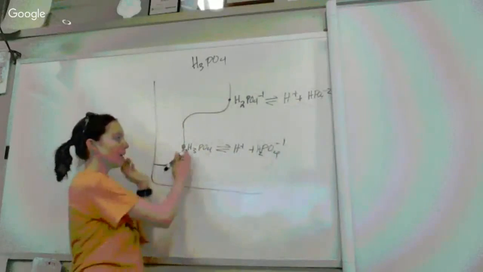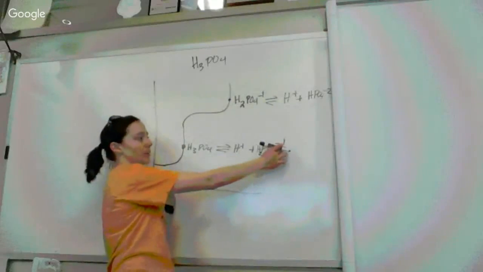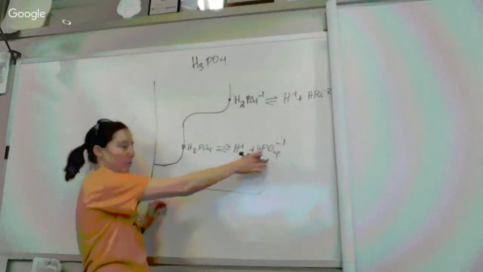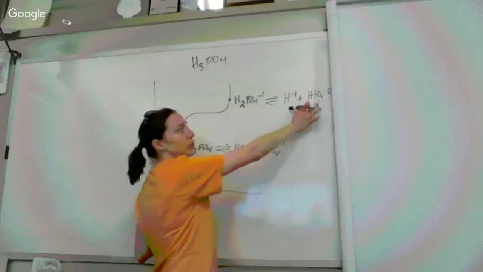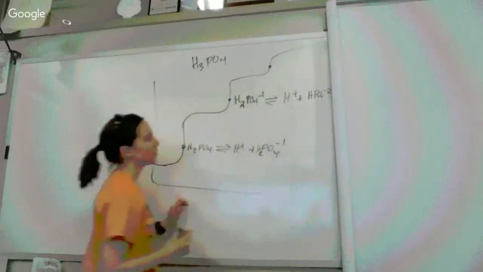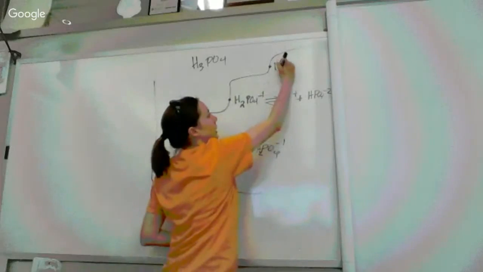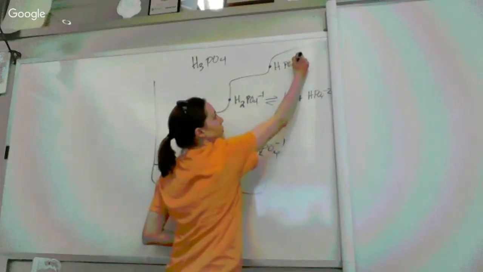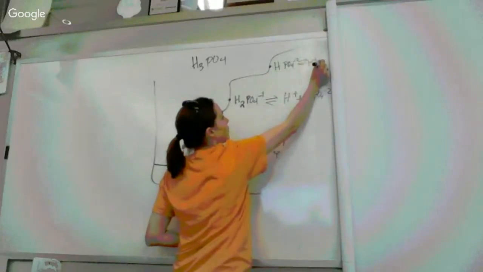Okay. H3PO4 separates the H plus, makes H2PO4 -1. Obviously, it should have been a -1 and not a -2. And then now this dissociates and turns into hydrogen and HPO4. And then it's going to do it one more time. So just pretend like this was a real one. And so here now my last one, HPO4 -2 dissociates, and here's my last hydrogen leaves and makes PO4 -3.